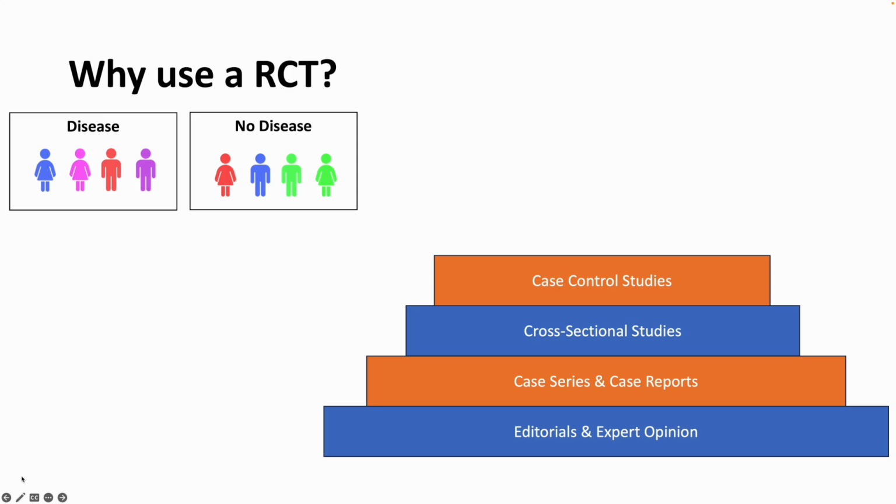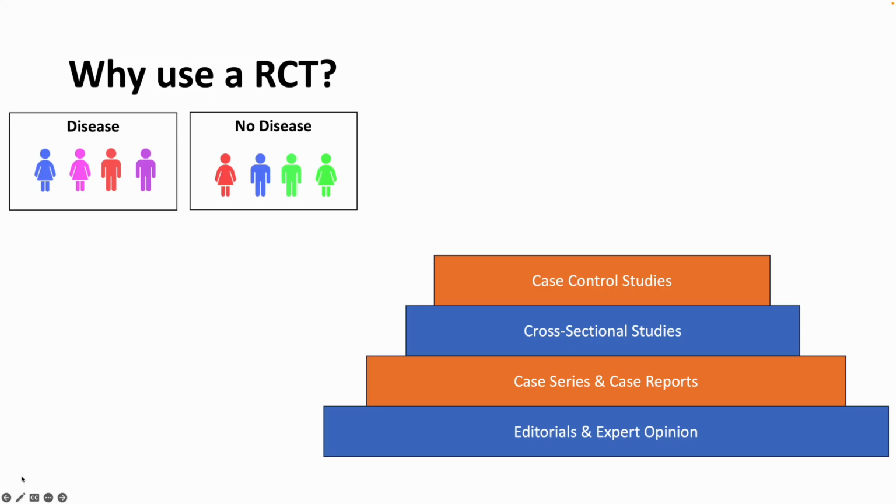So, for instance, individuals who have a disease like cancer might have lower body weight, but that doesn't mean that individuals who have low body weight are going to be more at risk for having cancer.